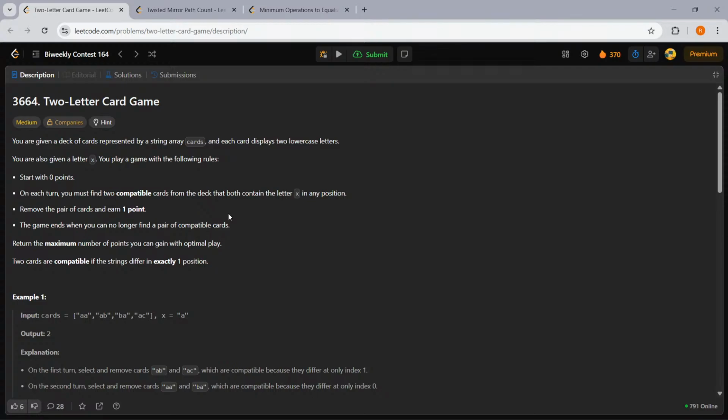On each turn, you must find two compatible cards from the deck that both contain the letter X in any position. Remove the pair of cards and earn 1 point. The game ends when you can no longer find a pair of compatible cards. Return the maximum number of points you can gain with optimal play. Two cards are compatible if the strings differ by exactly one position.